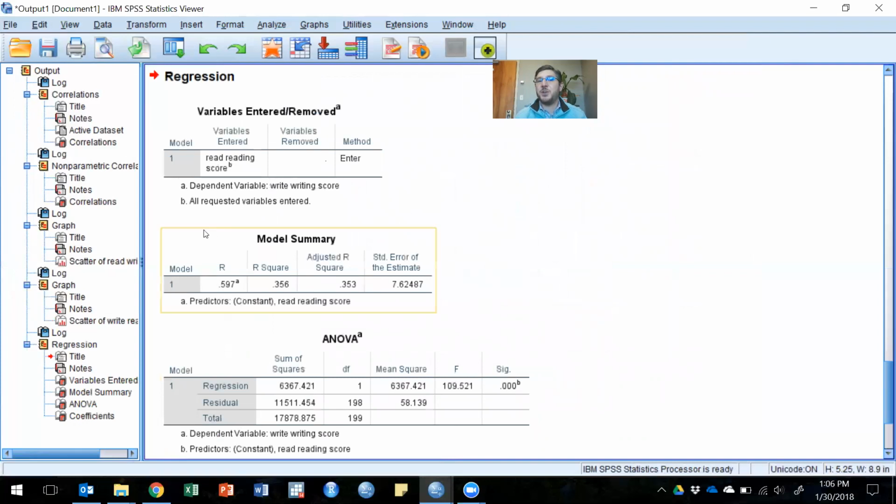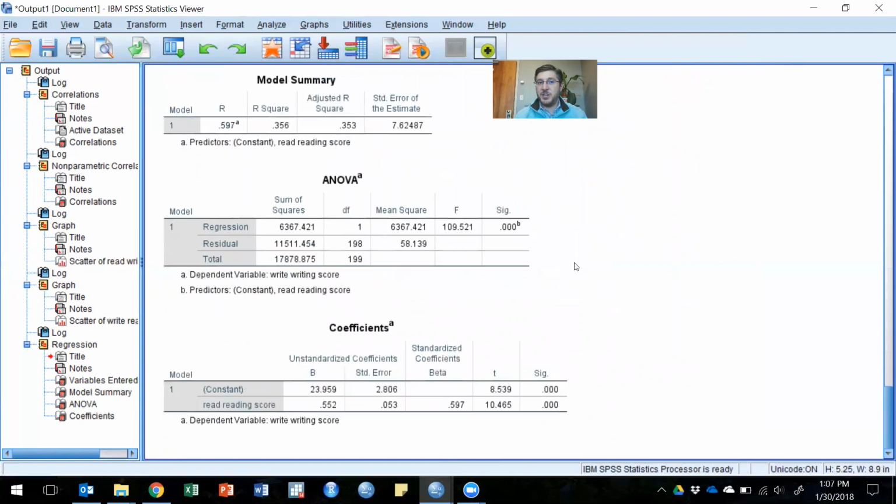Our model summary gives us our correlation squared, or the coefficient of determination. There's a standard error of the estimate that we talked about. You can ignore this ANOVA table here, and your regression equation would be right here. So remember, a 1 unit increase in reading scores corresponds to a 0.55 unit increase in writing scores.